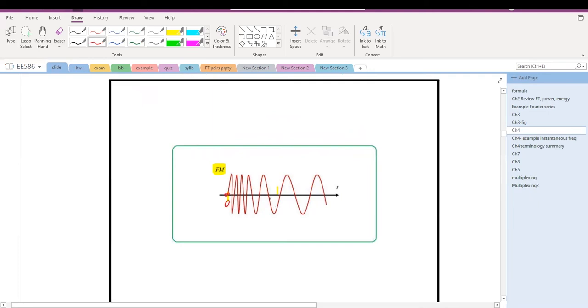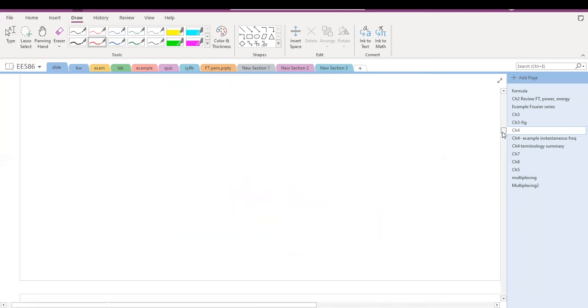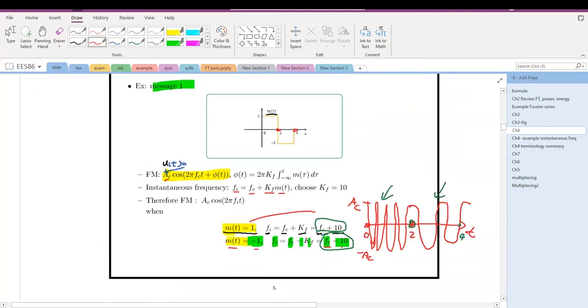So I plotted here 0, this is 2, and this is 4. And from 4 beyond, the message signal is 0.